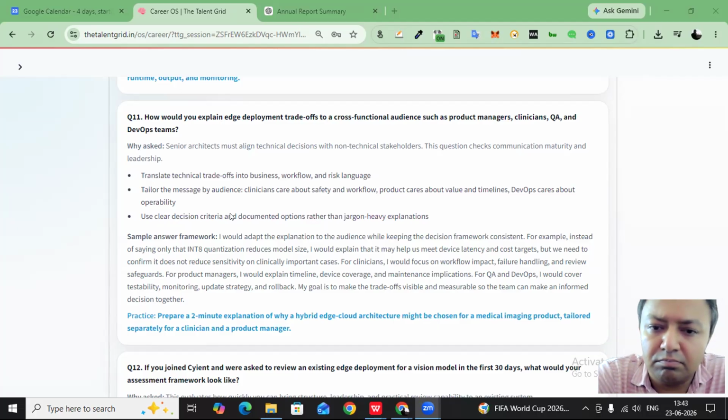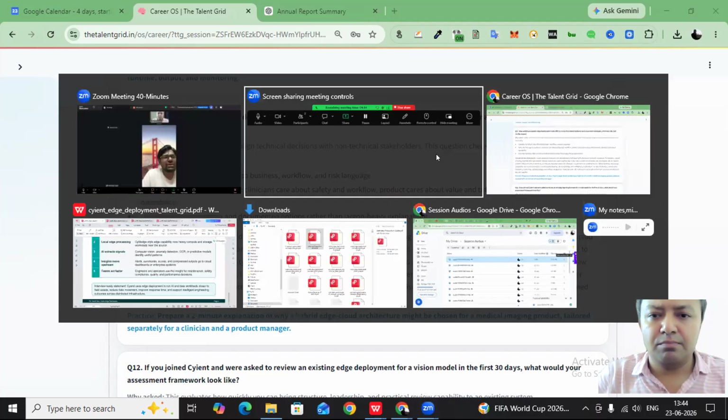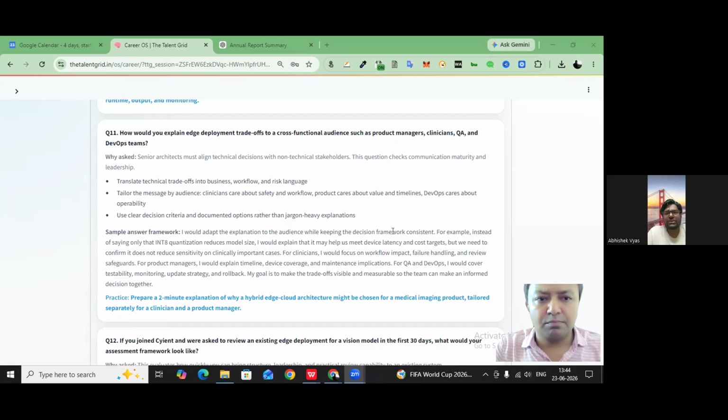QA teams focus on validation coverage, risk mitigation, and testability. DevOps teams focus more on automation, deployment automation, rollback mechanisms, and operational stability. These are the points that I would consider.